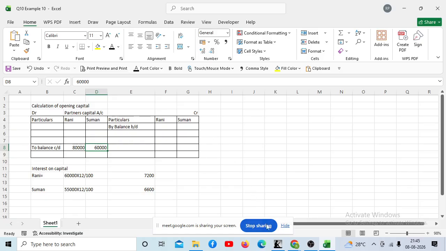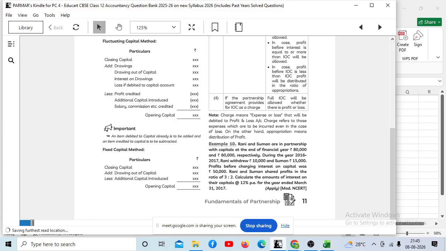Now next, what they are telling: during the year 2016-17, Rani withdrew 10,000 and Suman 15,000. So this is drawings. Drawings means the capital is reduced, which means the liability is reduced. If they are taking some money from the firm, the liability of the firm gets reduced.